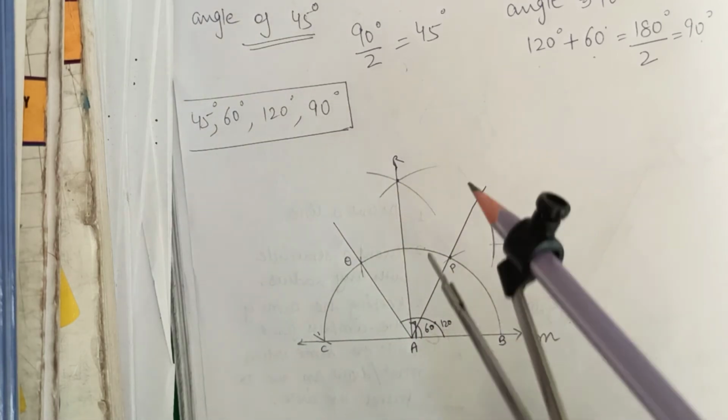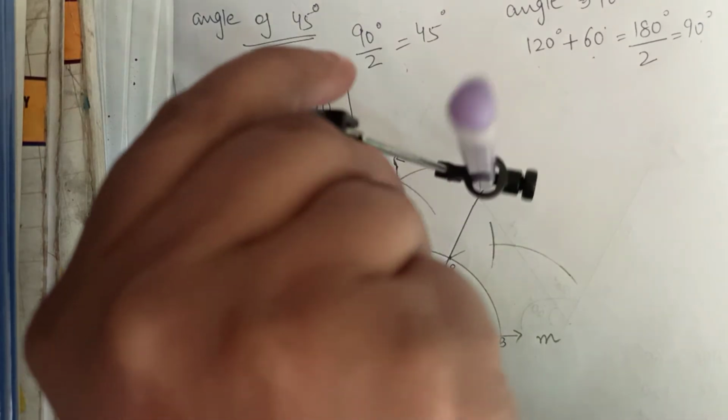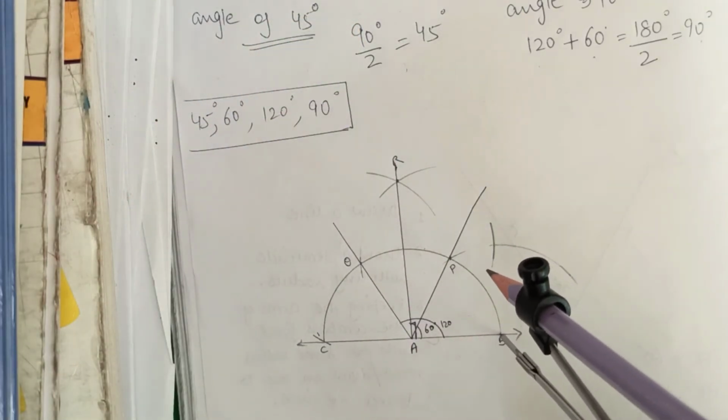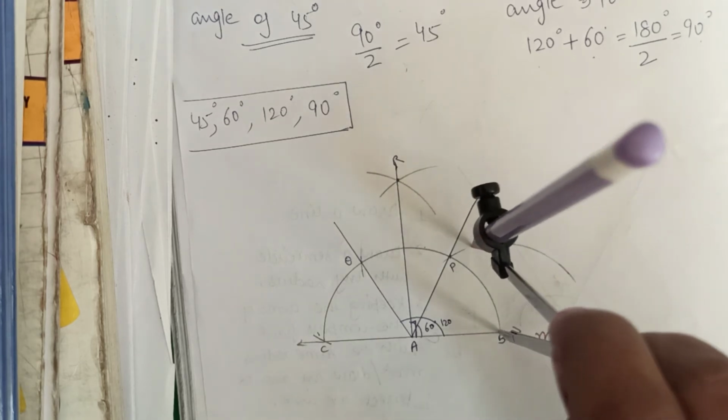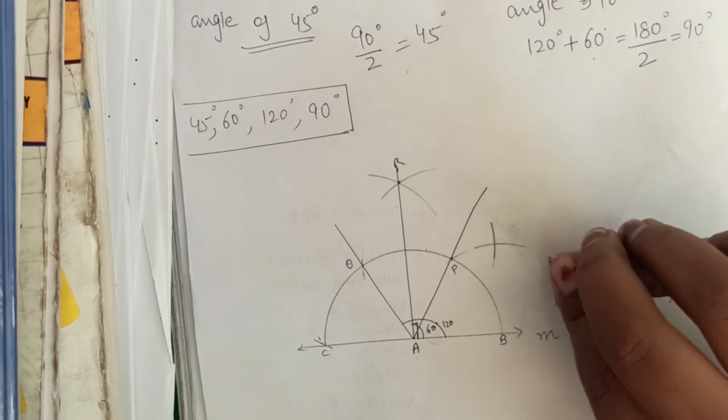From this point, not from here, from here. See, a little bit, then make it more. Like this. See, this is extra, you can erase it also.